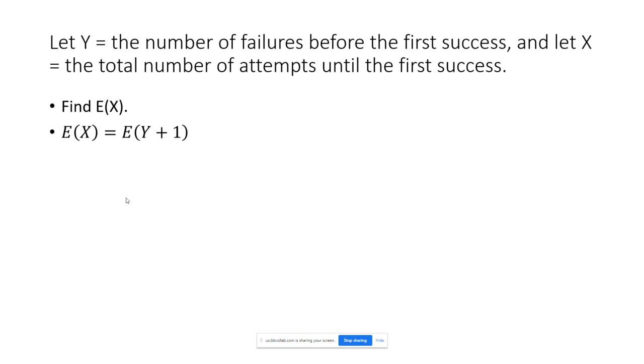So the number of attempts until the first success is one more than the number of failures until the first success, because it's just all the failures plus the one at the end that was the success. So how can we rewrite this expected value?